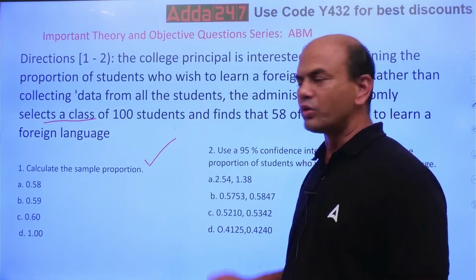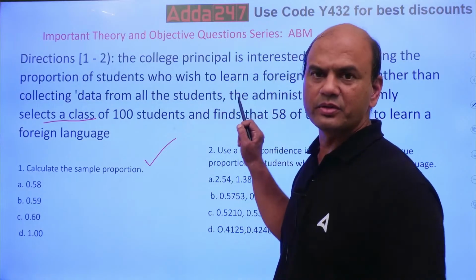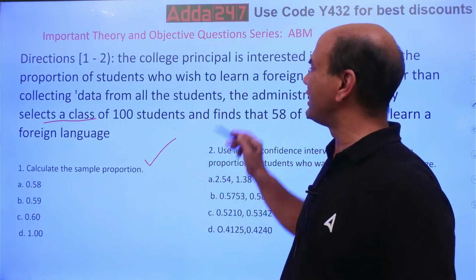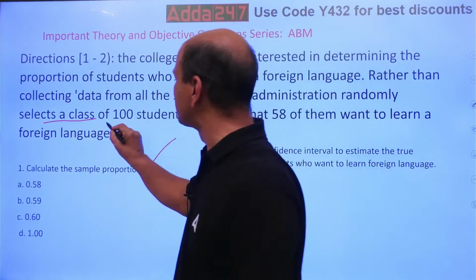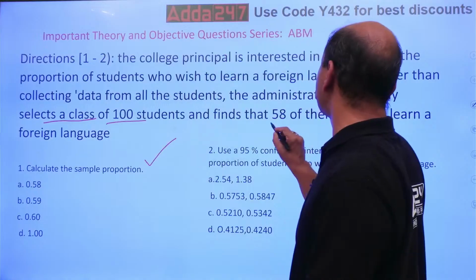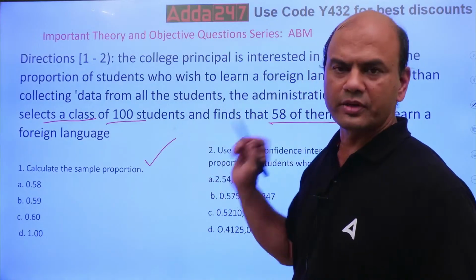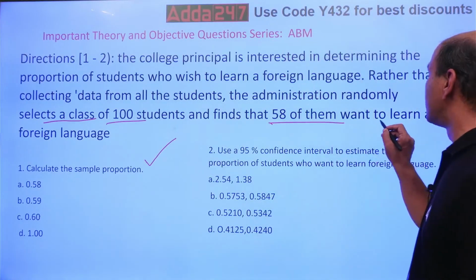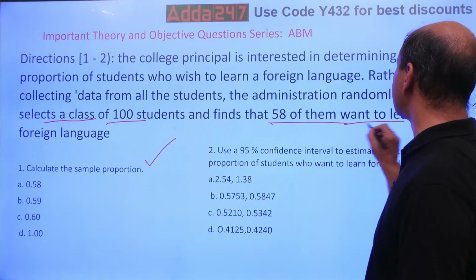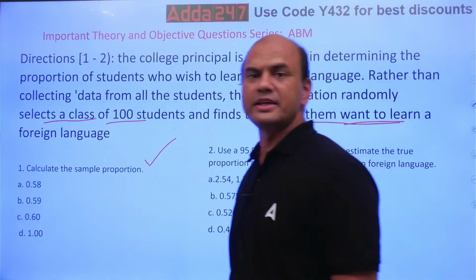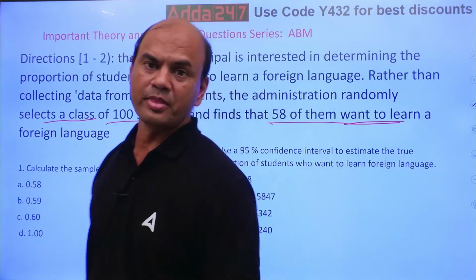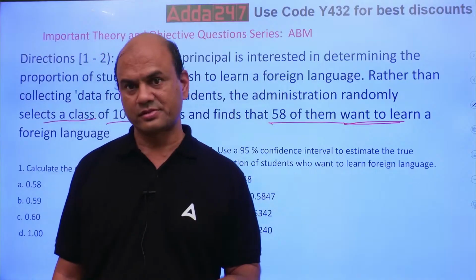Remember, in the whole case given to you, only one line is important. Remaining everything is of no use to you. What's important is this: a class of 100 students and 58 want to learn a foreign language. Now this is very important: who wants to learn? Because your success and failure in any case depends on what question is asked.